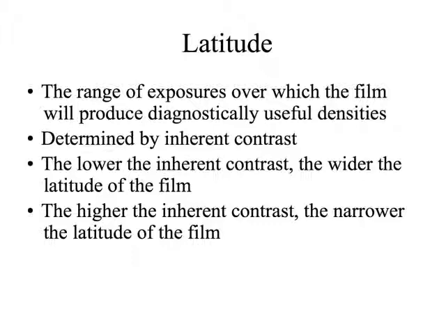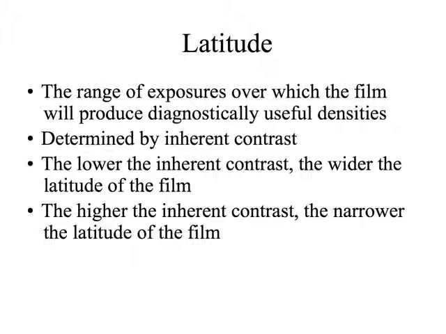What does that mean? Again, it goes back to the size of those crystals in the film emulsion. What is the inherent contrast that the film crystals can provide? What is their sensitivity level? So the lower the inherent contrast, the wider the latitude of the film.